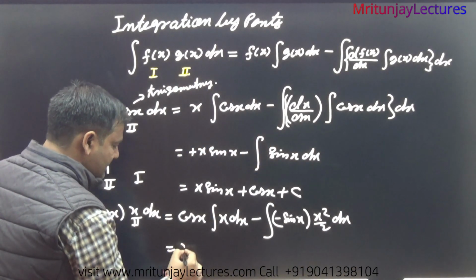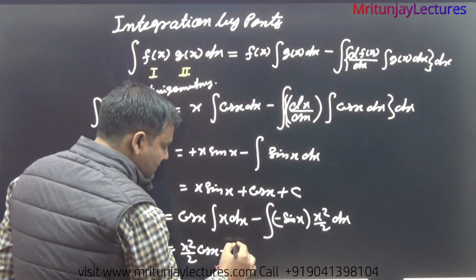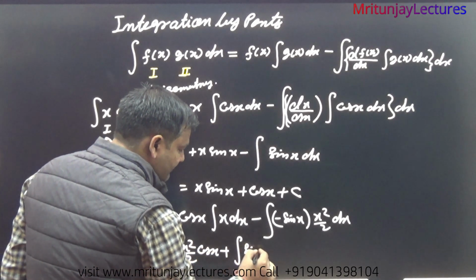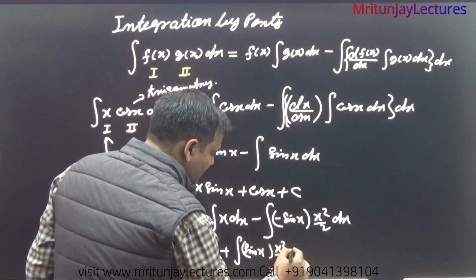So that one is x square by 2 cos x, and that one plus sin x into x square by 2 dx.